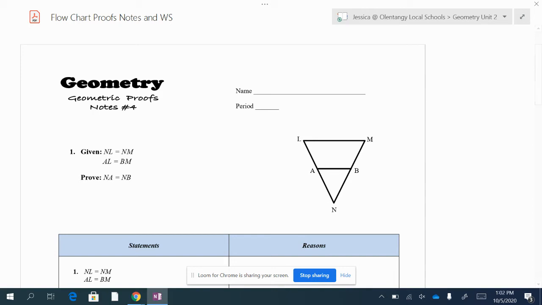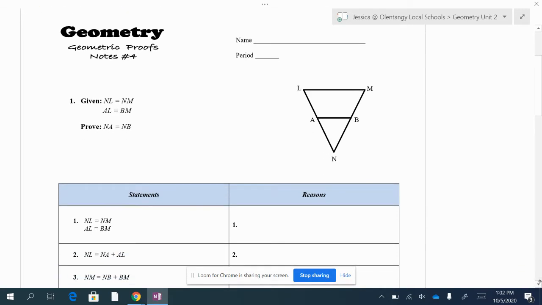So today we are going to work on geometric proofs some more, and then I'm also going to introduce flowchart proofs as well. So this first proof that we have right here, we are given that NL is equal to NM. So what I would do is just go ahead on your picture and draw that they are equal to each other.